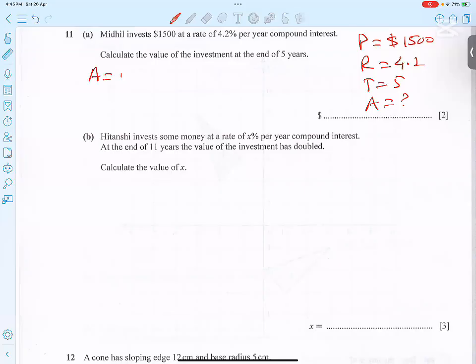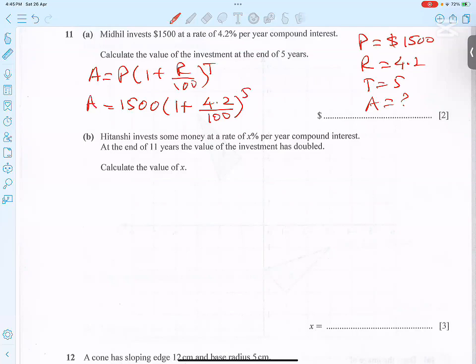Formula: A equals P times (1 plus R over 100) to the power T. If getting loss, here negative. If getting profit, this is positive. So just plug in the numbers: 1500, 4.2 over 100, and 5 years. In the calculator I type 1 plus 4.2 divided by 100, and the power is 5.